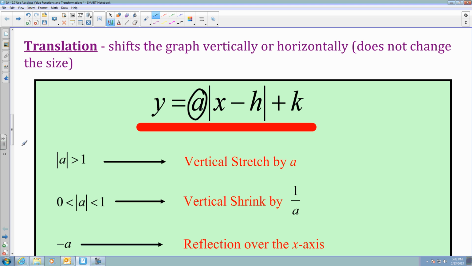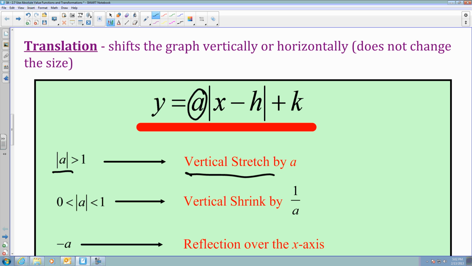Going back to here, if I have a value for A where its absolute value is greater than 1, whether negative or positive, as long as it's greater than 1, it's going to have what is called a vertical stretch.